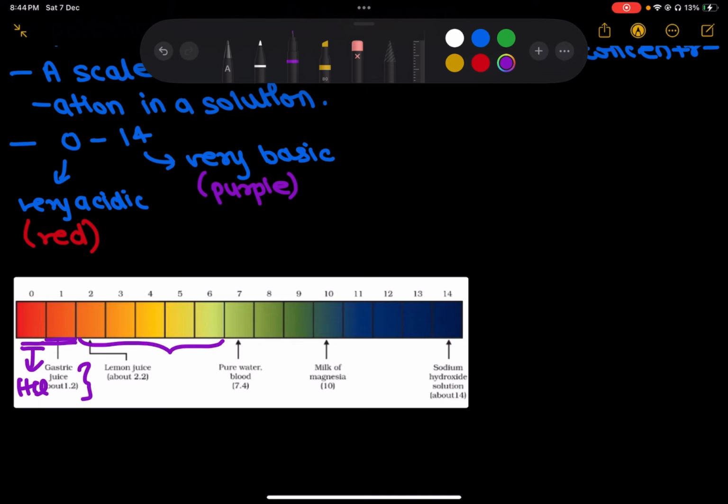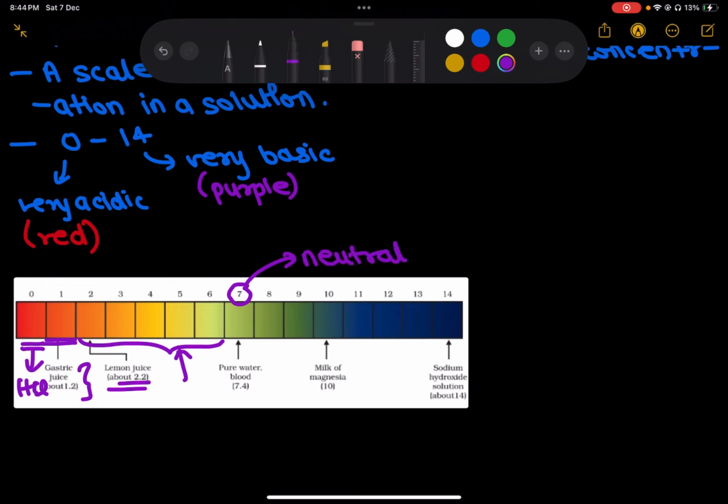So lemon juice is 2.2. Still more acidic than maybe acetic acid. So acetic acid lies here somewhere. I'll give you the pH of some important compounds, but later. For now, just understand the scale. And 7. 7 is the distinguishing factor. 7 means neutral.